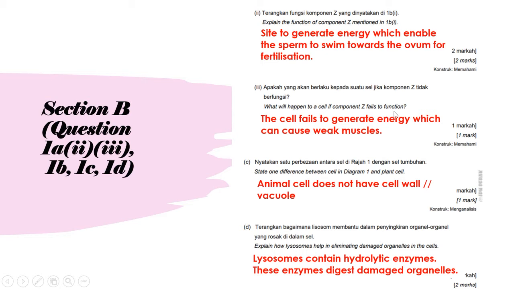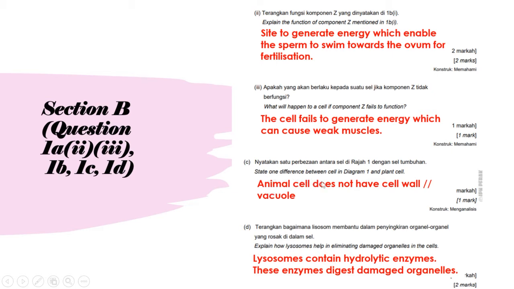Back to the function of the mitochondria, it generates energy. So if mitochondria cannot function, of course the cell fails to generate energy, and it will cause weak muscles. Next, we go to C.